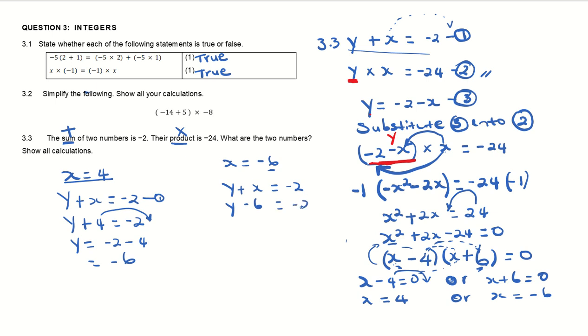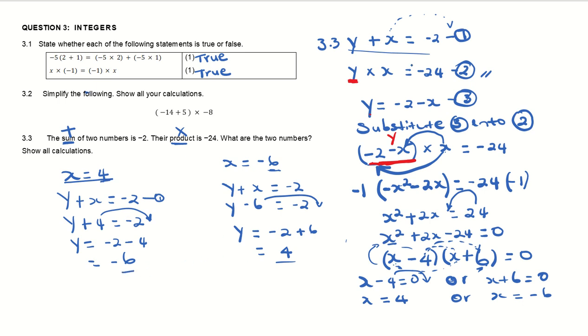This must be negative 2, and we see that y will have to be this number, and then we transpose as we move 6 over, and it becomes positive 6, and the answer here is 4. So when y is 4, x is minus 6, and when x is 4, y becomes negative 6, okay?